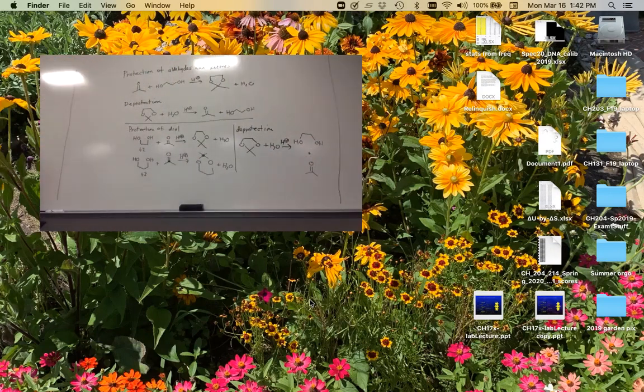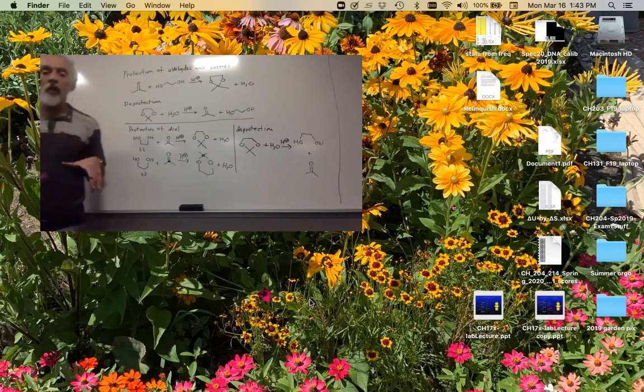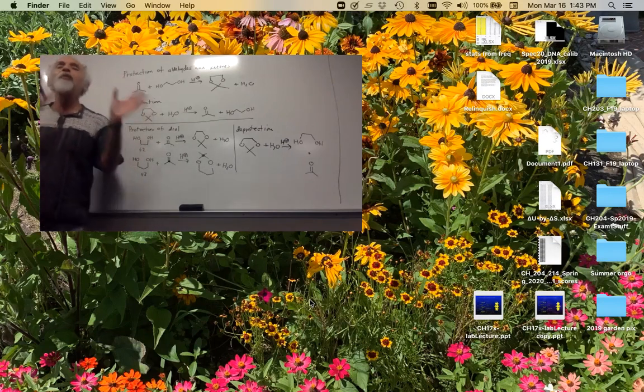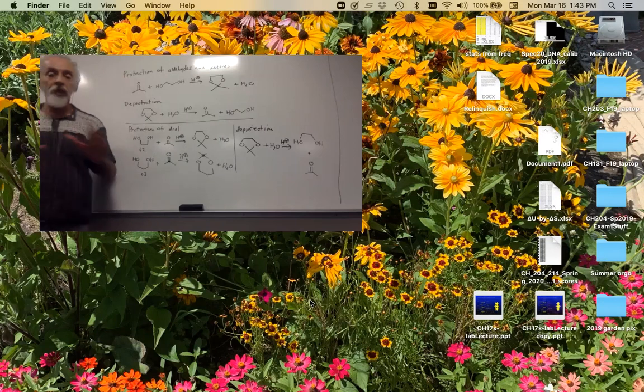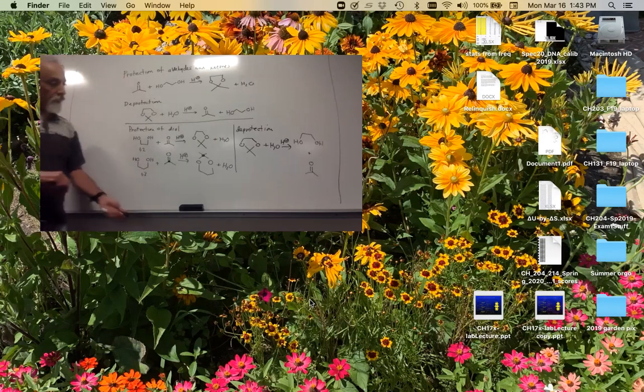So these two manifolds of reactions are very related. You protect an aldehyde or a ketone with a 1,2 diol. You protect a 1,2 diol with an aldehyde or a ketone. So they're very comparable. Okay.